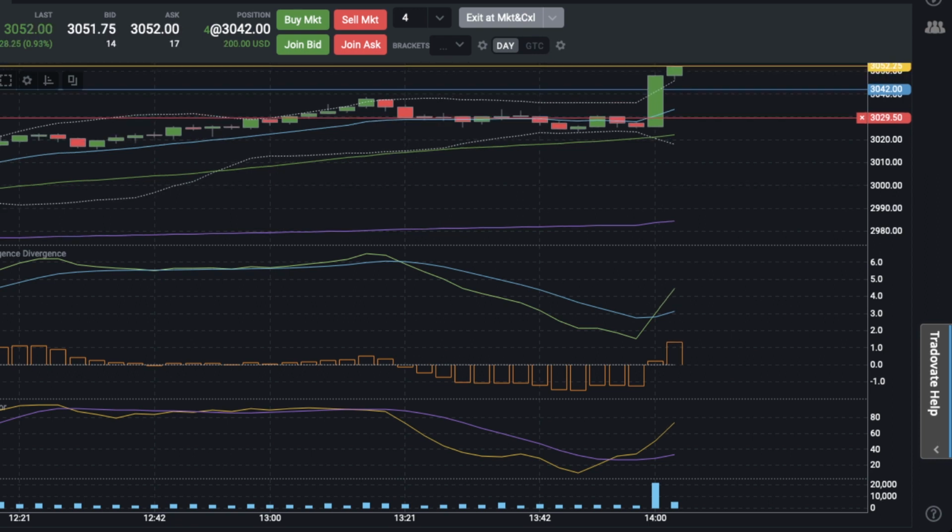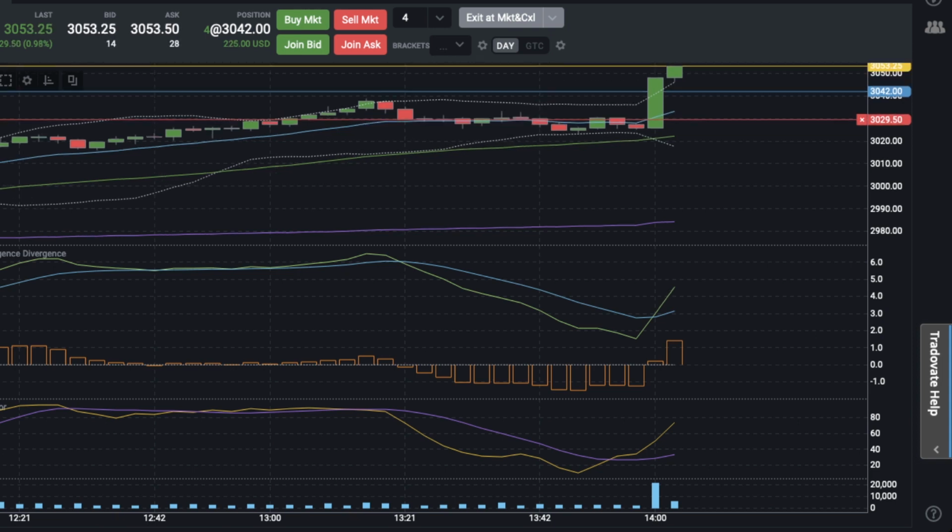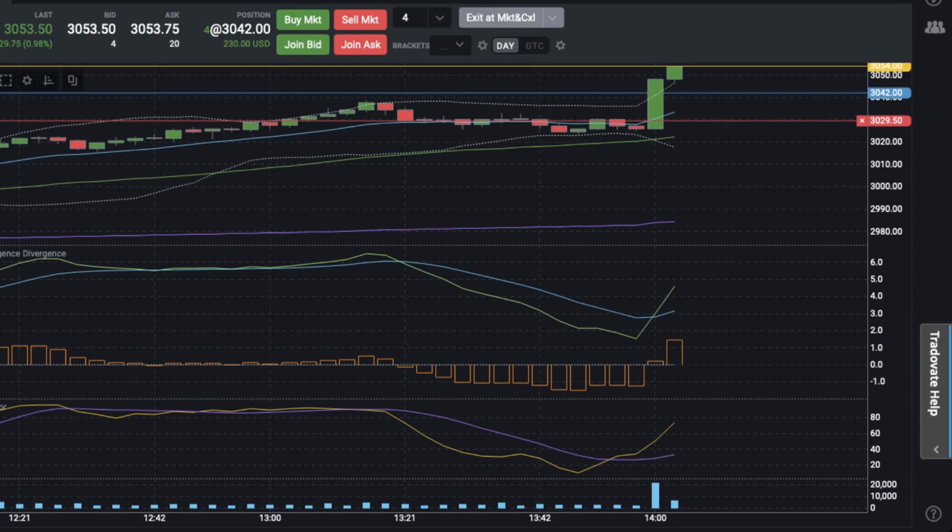So stochastic, you guys know from my course, I like to enter on the 80 line. Again, this is completely different because I just basically jumped into a trade. So this is not normal, but the indicators, oscillators that I use are obviously going to be showing what they're supposed to be showing right now because there was such a huge pop.